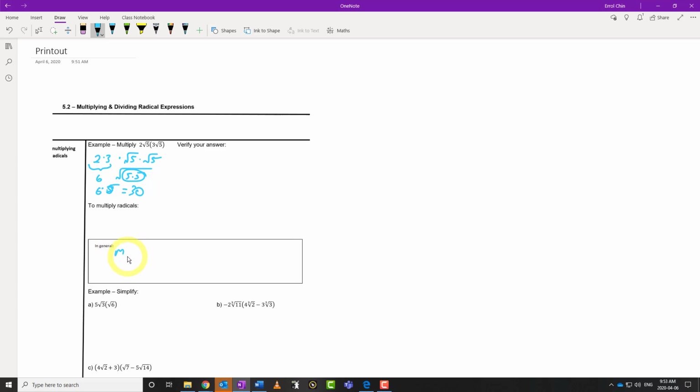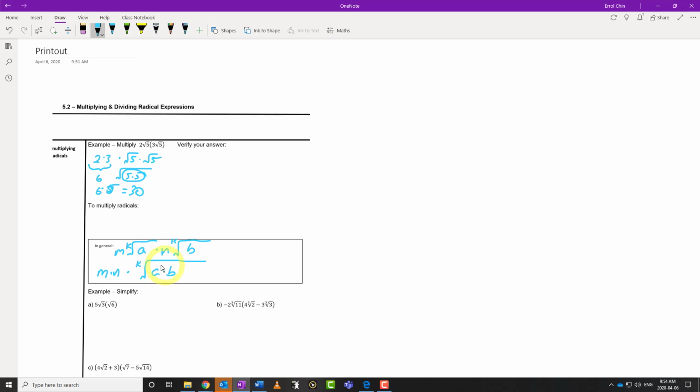Okay, so in general, I'm going to try to write inside this little box, but if you have a coefficient of m with a radical a with an index of k times n radical with the exact same index k, the radicand is b, all you do is you write the coefficients in front, they become a product, times, and it's the same index, a times b.